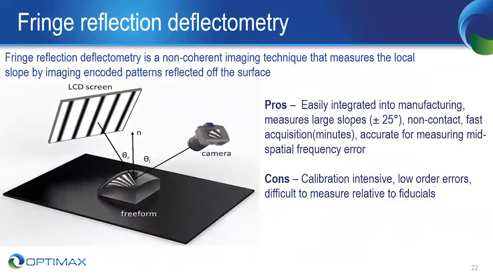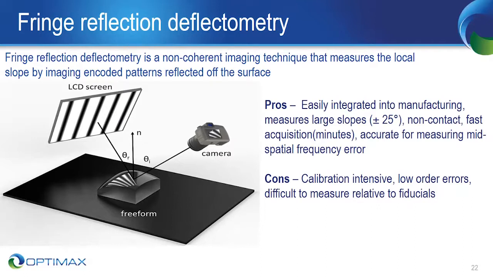Another method that works extremely well is fringe reflection deflectometry. For those of you who might not be familiar with it, fringe reflection deflectometry is a non-coherent imaging technique that measures the local slope by imaging encoded patterns reflected off the surface. Very simply put, you take an LCD screen that has black and white bars on it, and then you reflect it off of the surface to be tested.